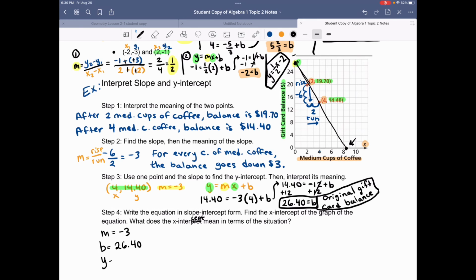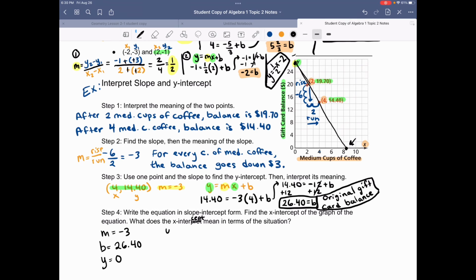The y equals 0. Why is that? Why does the y equal 0 right there? Because it's the x-intercept. It doesn't go up or down, so the y-coordinate is 0. It's going to be the x-coordinate, comma, 0. That's the x-intercept.